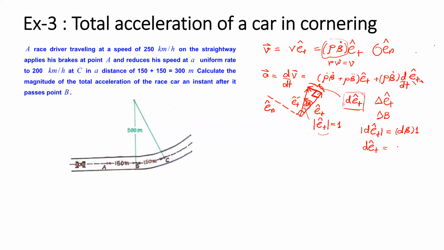So here, the magnitude is d beta multiplied by 1 with the direction of en. And if we want to obtain the d by dt of the difference, it will equal d beta by dt of the en in the direction of en.